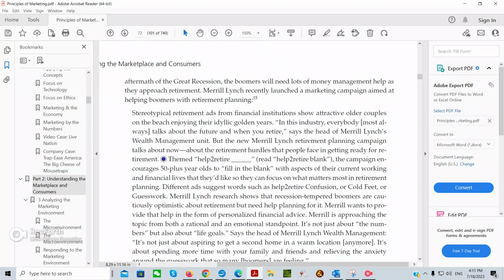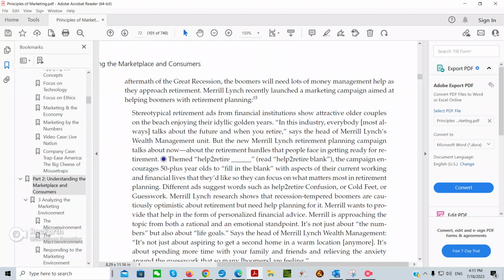Well, in this industry, most always, everybody talks about the future when you retire, says the head of Merrill Lynch's wealth management unit. But the new Merrill Lynch retirement planning campaign talks about now, about the retirement hurdles that people face in getting ready for retirement, themed "Help to Retire," as in the number two, retire.